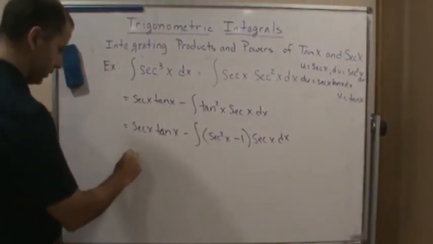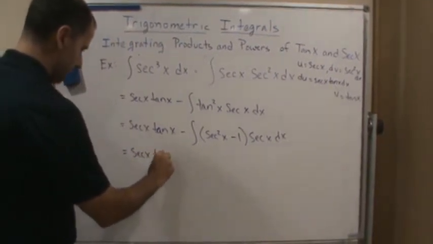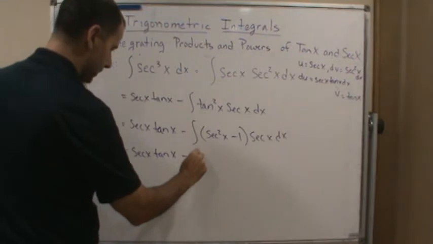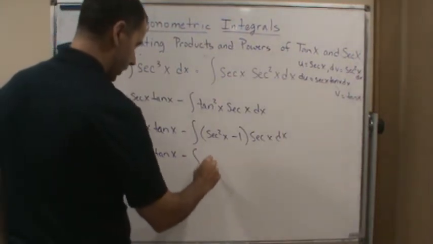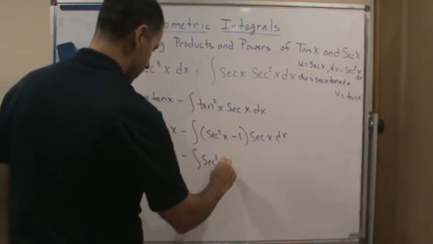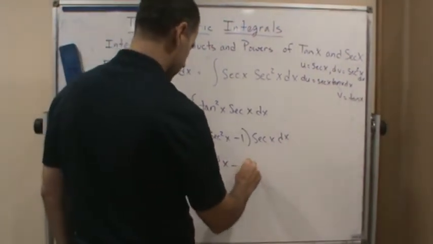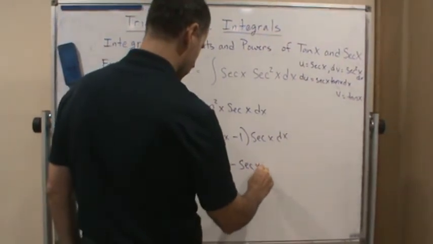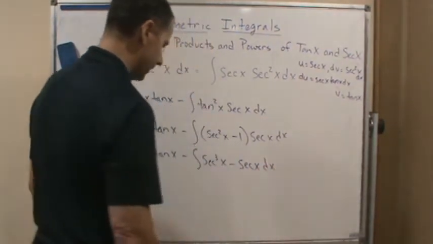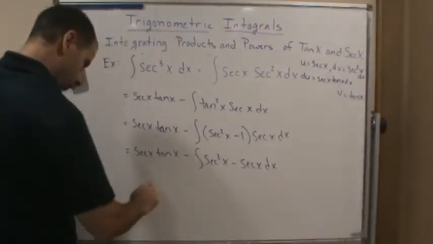And so this will give us secant x tangent x minus the integral of secant cubed x minus secant x dx. And so I'm going to rewrite this as two integrals.